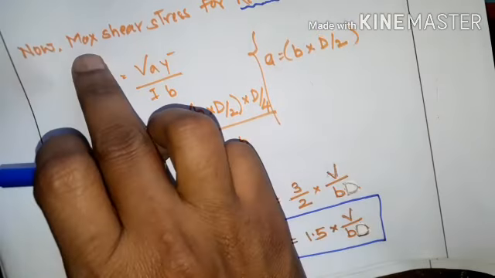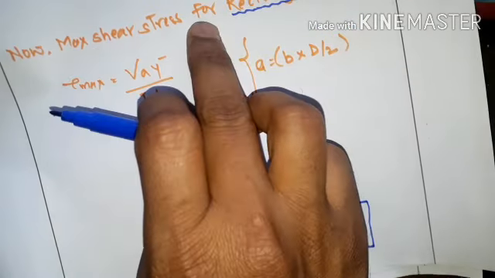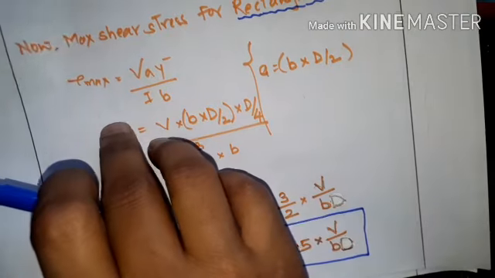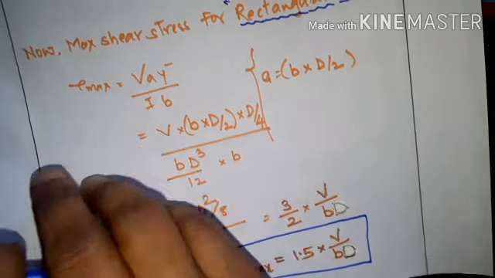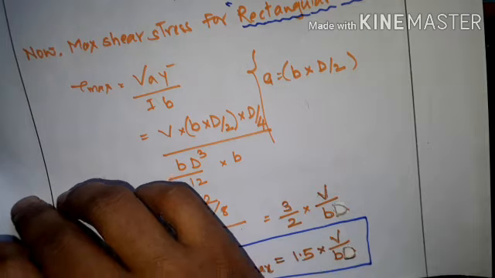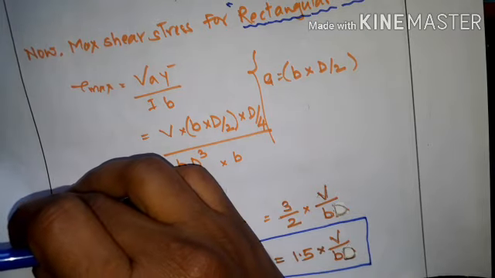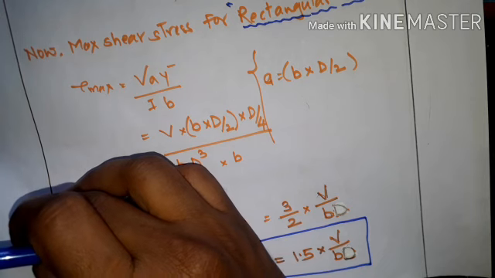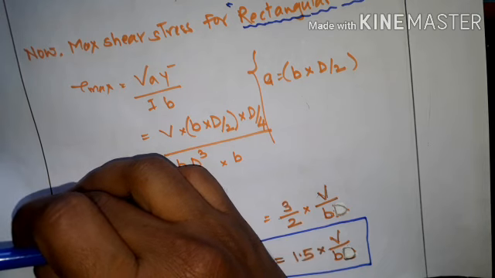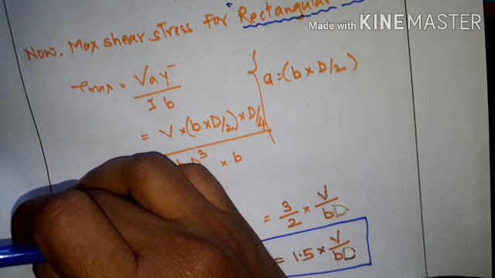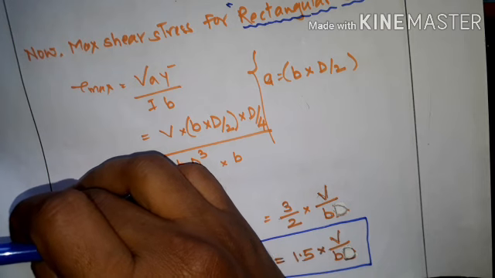Now, maximum shear stress for rectangular section. Generally pre-stressed concrete sections are rectangular. In most cases they are rectangular or I section. Flanged section may be a rectangular section, or it may be an I section or T section.